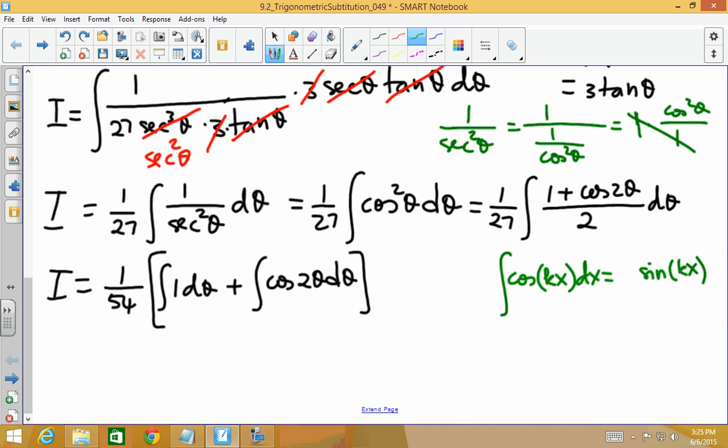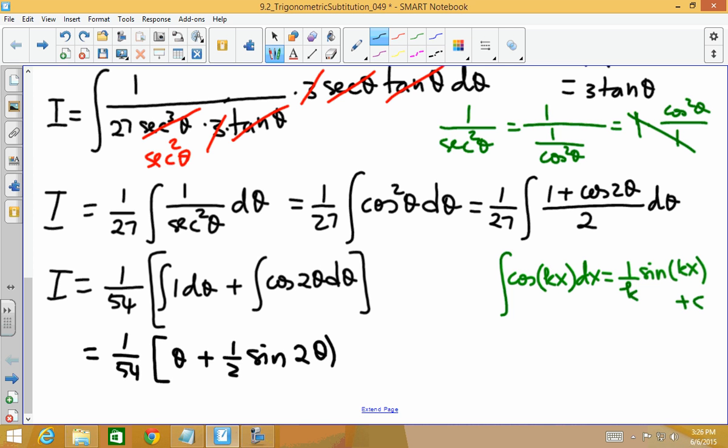If you take the derivative of sine kx, you get k cosine kx, so we have to divide by k, plus a constant. Here k is 2. Therefore, I is equal to 1 over 54 times theta plus 1 over 2 sine of 2 theta, and all this plus a constant.